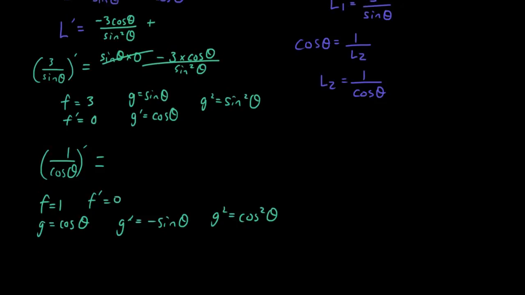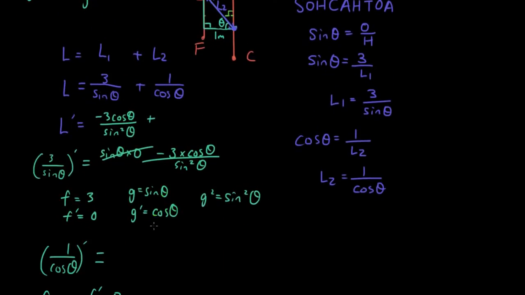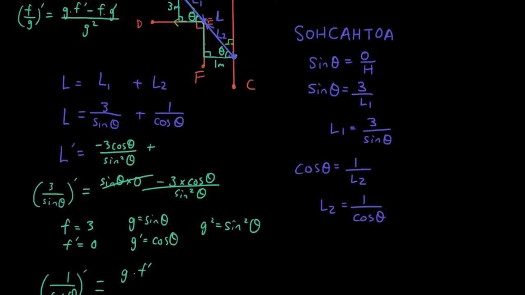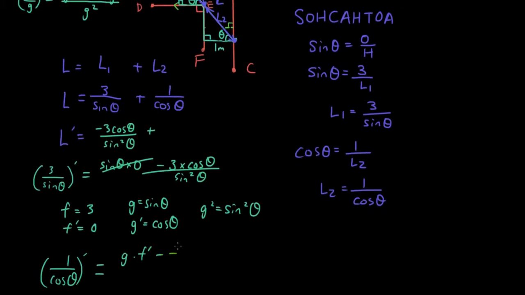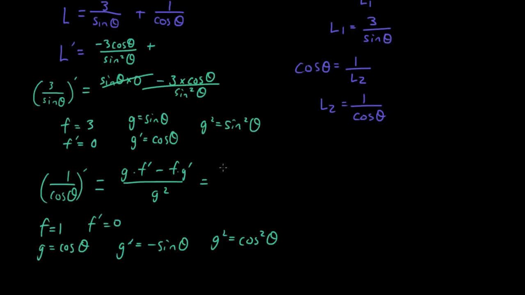Writing out the formula again, g times f dash minus f times g dash over g squared, so that's g, which is cos theta, times f dash, which is 0, so that's gone, minus f, that's 1, times g dash, which is negative sine theta, over g squared, that's cos squared theta.